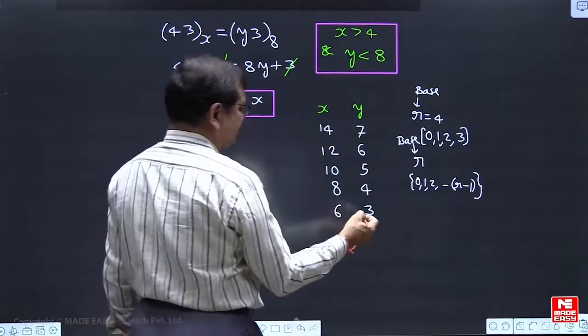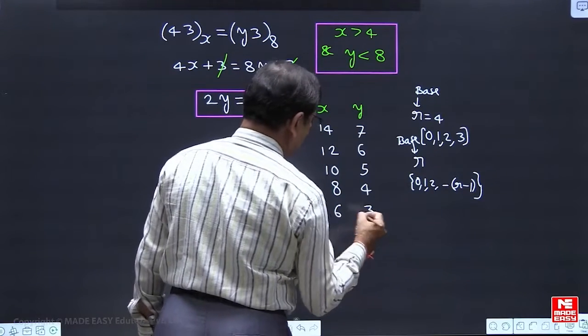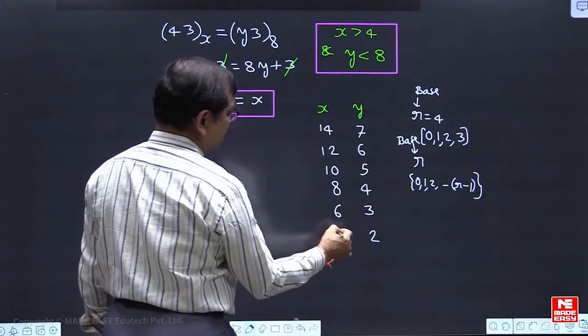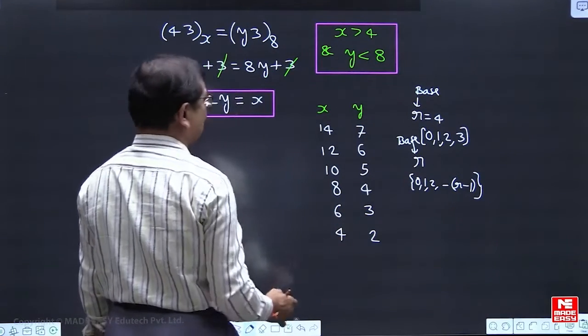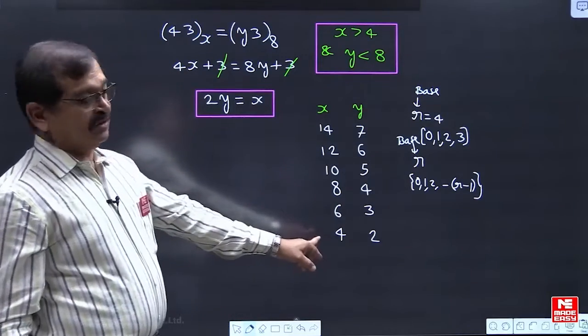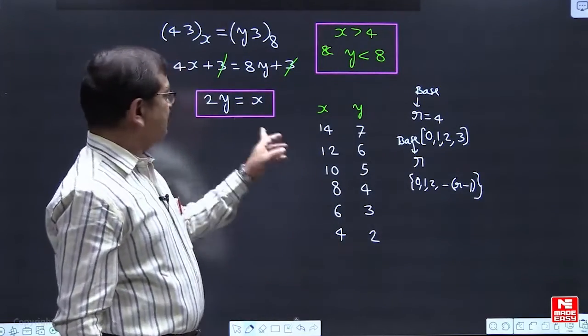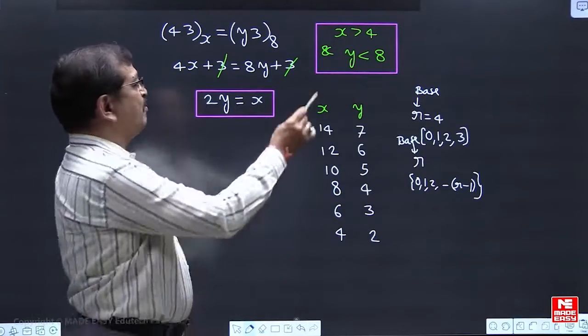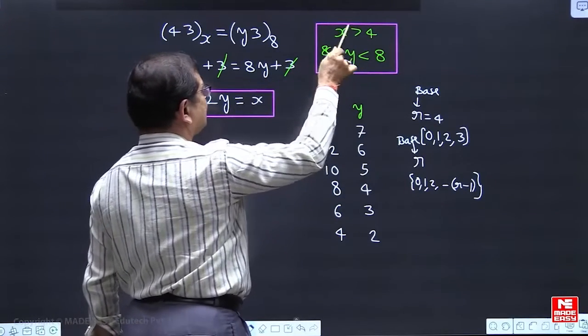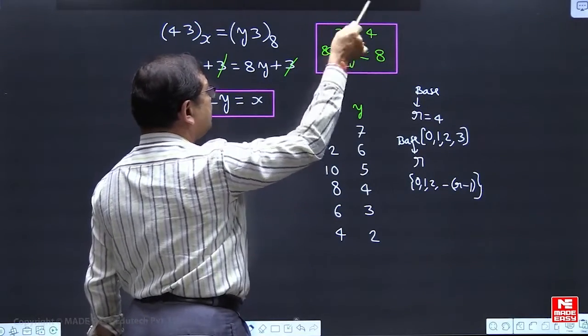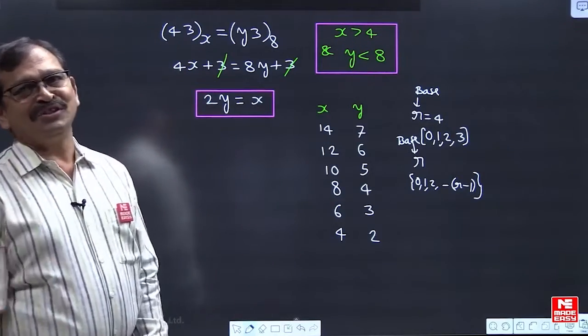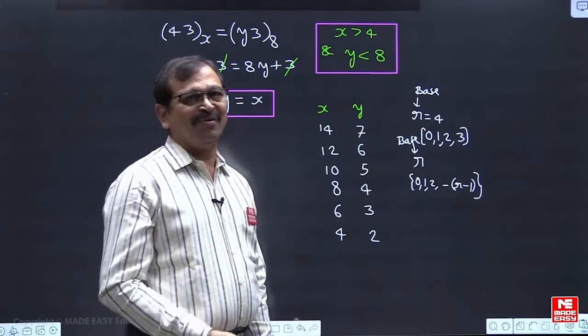Similarly, if you take y is 2, then x will be coming as 4. But according to the condition, x must be greater than 4. x has to be more than 4, x should be bigger than 4.